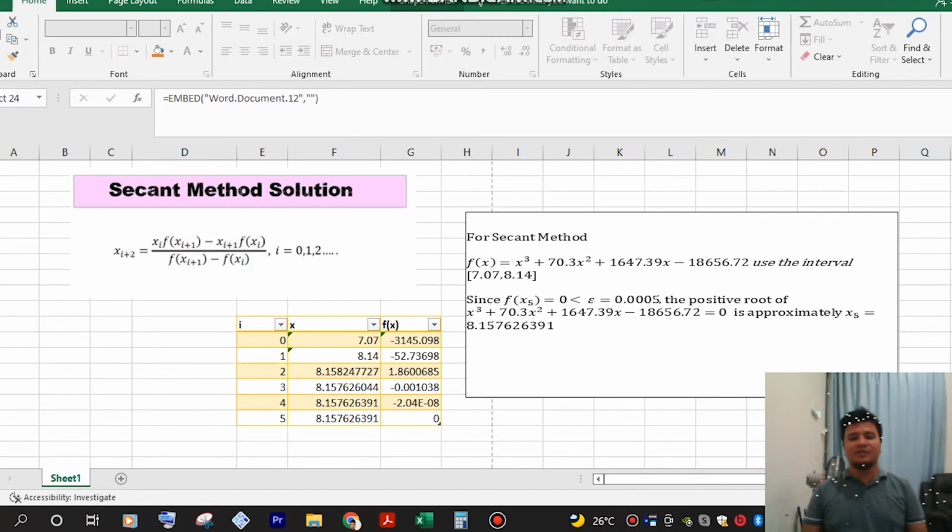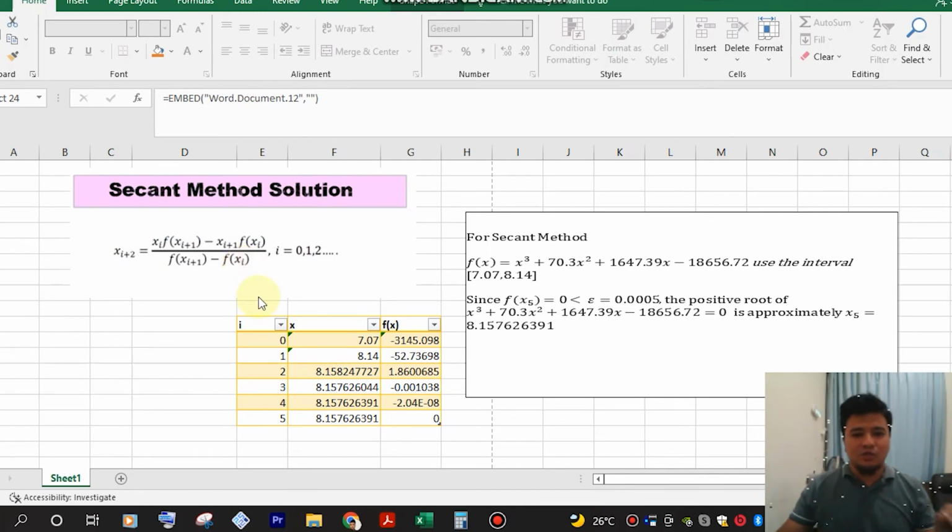Hi, we meet again. This time I will use the second method solution. The formula is x(i+2) equals x(i) minus f(xi) times x(i+1) minus xi, over f(x(i+1)) minus f(xi), where i is 0, 1, 2, 3 until the end.